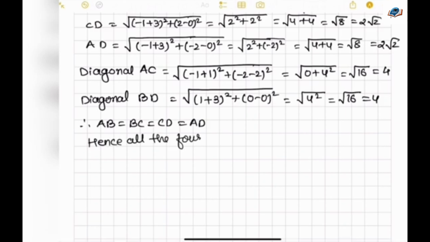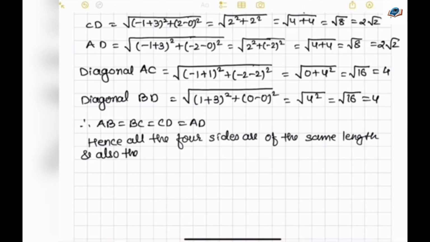Hence, all the four sides are of the same length and also the diagonals are of the same length.